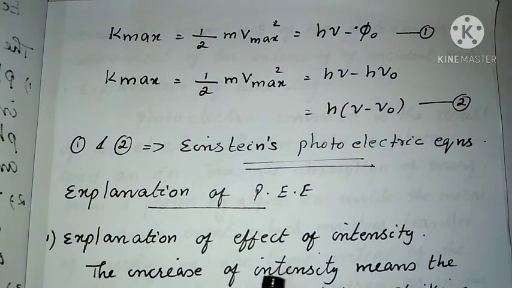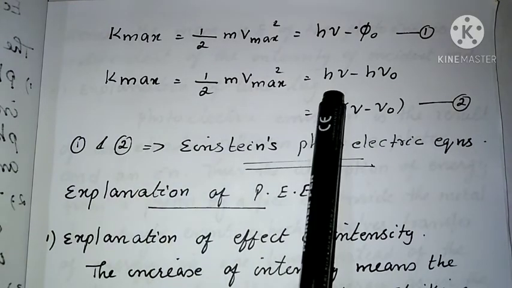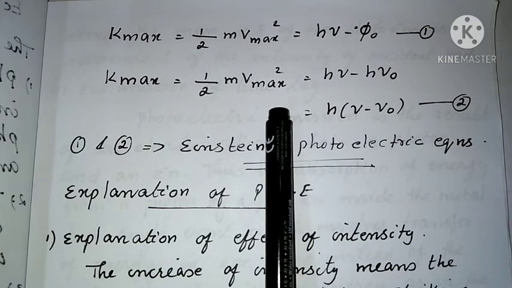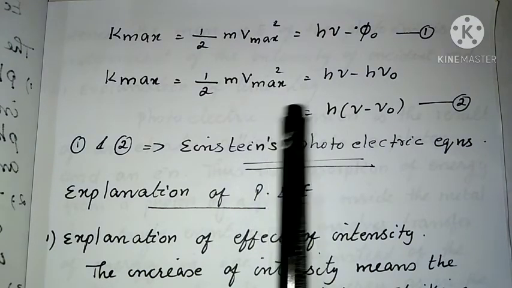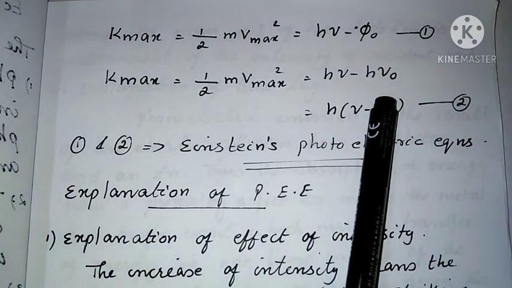Then if the frequency nu is the threshold frequency, we can write the equation K maximum equals h nu minus h nu 0. If the incident photon has the threshold frequency, then the work function is h nu 0.